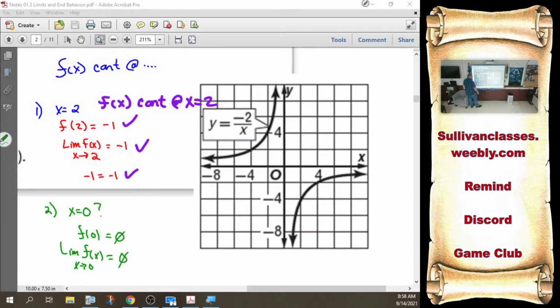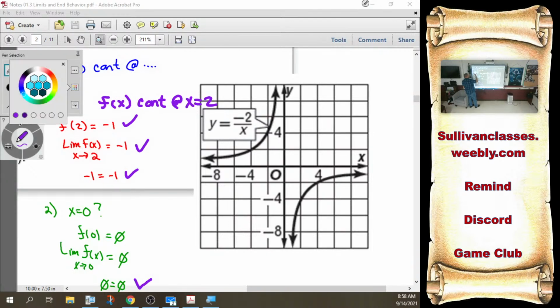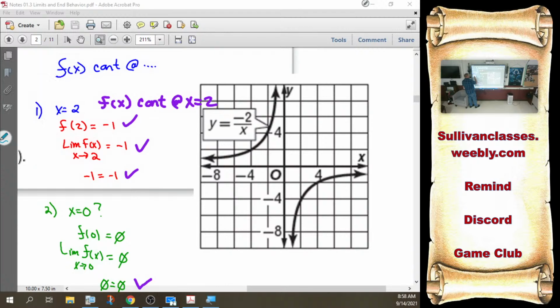Now, ironically, ugly equals ugly. So it actually passed the 3rd part of the test. But I see that it passes this part, and it fails those parts. So it failed the test.